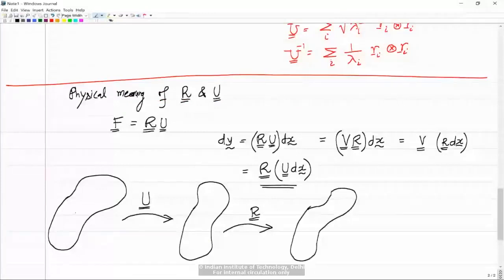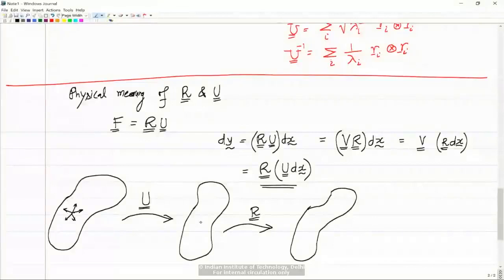So what it says is that locally you have these line elements. The U part is going to bring in change in length of the line element, change in angle between line elements, change in volume.